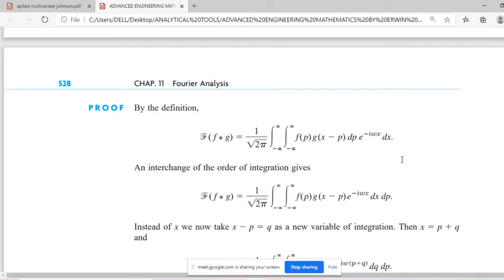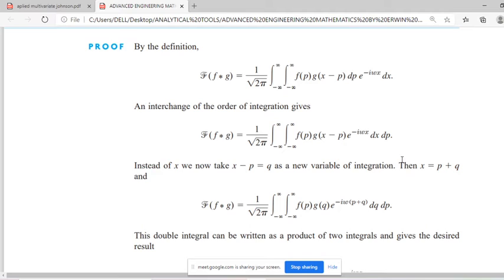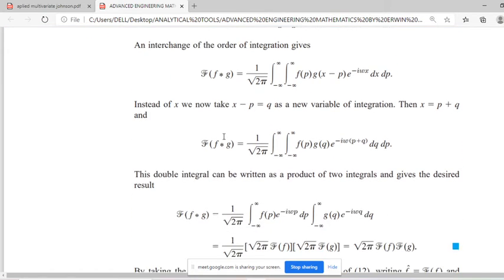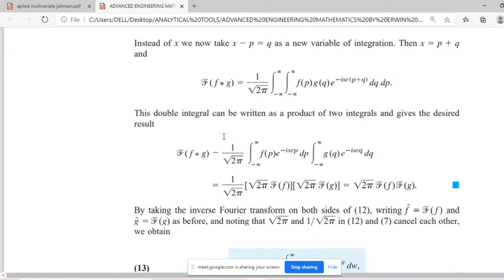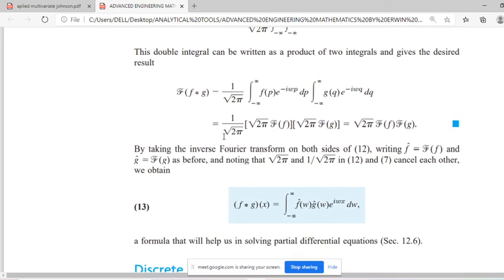That is f star g, and the Fourier transformation of f star g we have already computed, that is 2 pi into, what is that? Yeah, 2 pi into F of f into F of g.